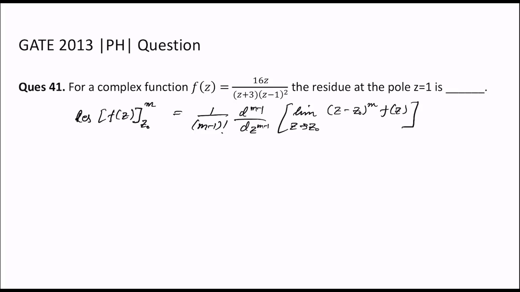This is a general way through which you can find the residue of any function at any pole of any order m. m is the order of the pole, z0 is the pole.